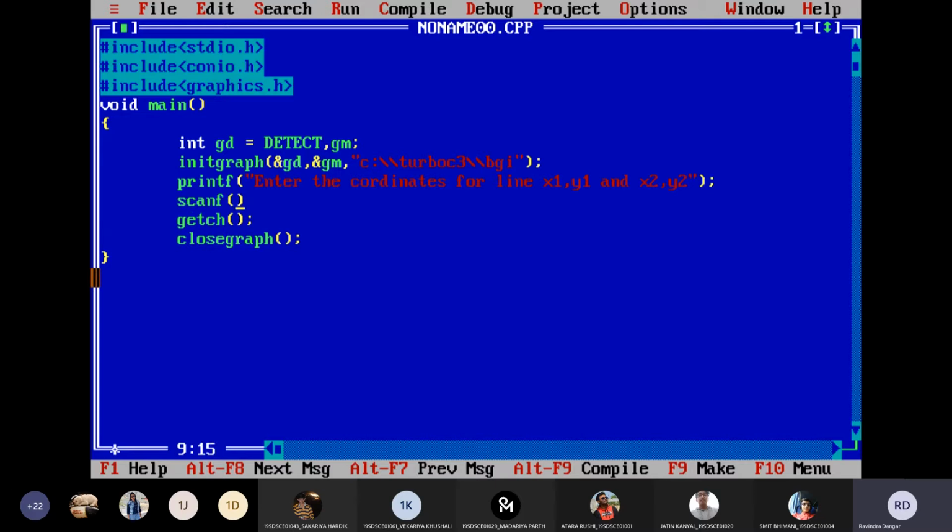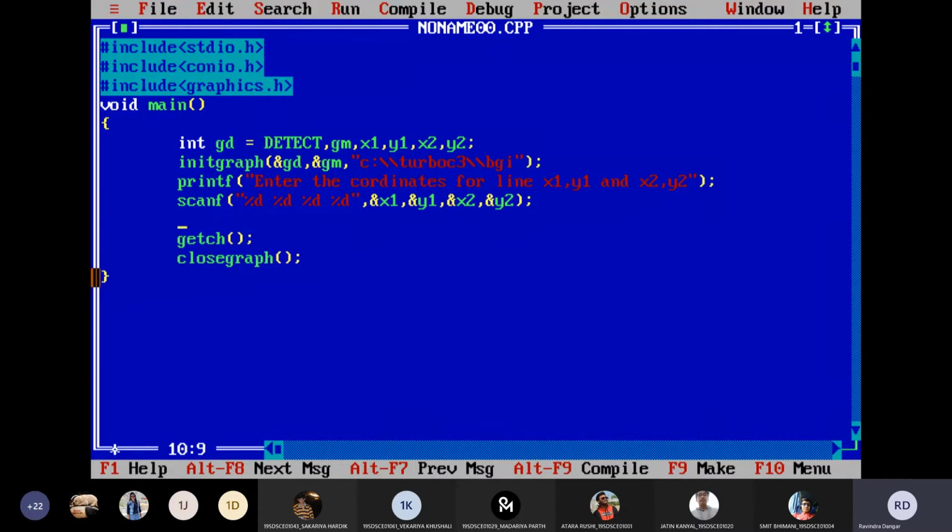Let me scan them with percentage d, percentage d, percentage d, percentage d, for x1, y1, x2, y2. Let me define all the variables here, x1, y1, x2 and y2.